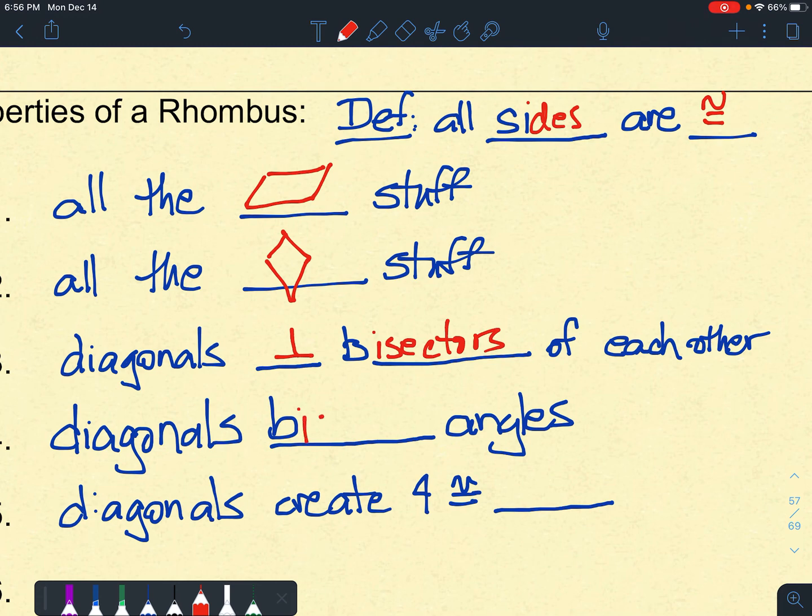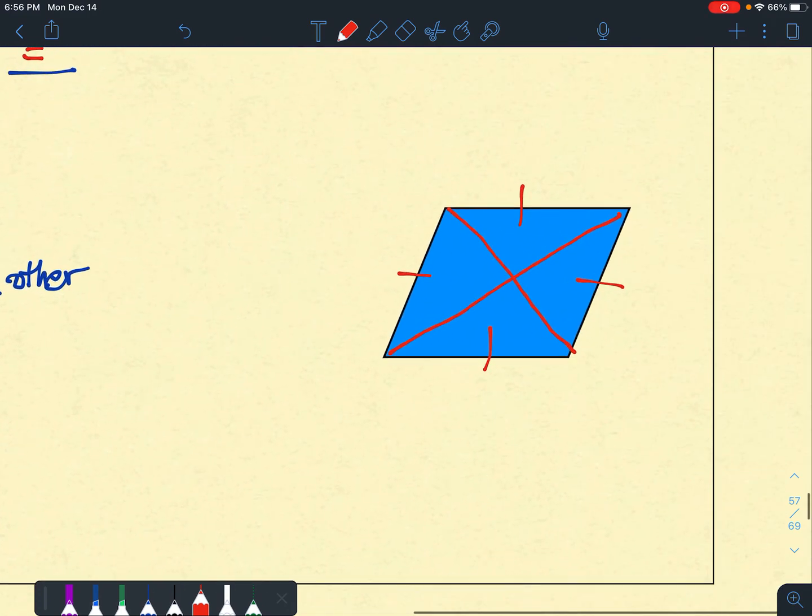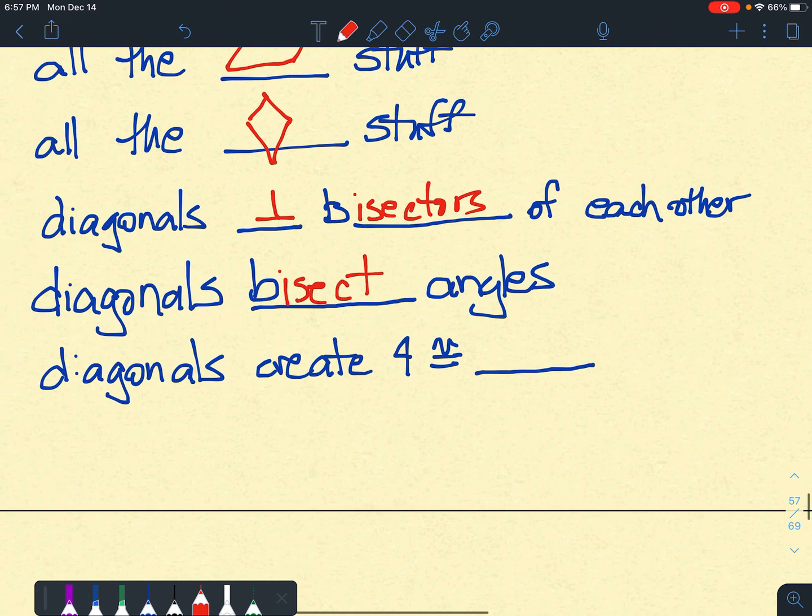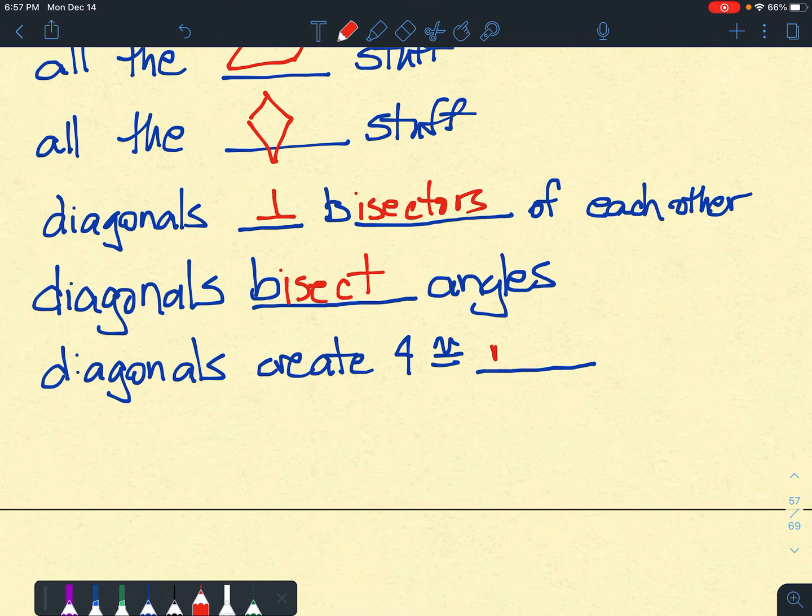And they also bisect the angles. Okay? And these are the angles at the vertices. Finally, again, if we look on the interior here, we create 4 congruent, and these happen to be right angles as well. Okay? Diagonals create 4 congruent right triangles.